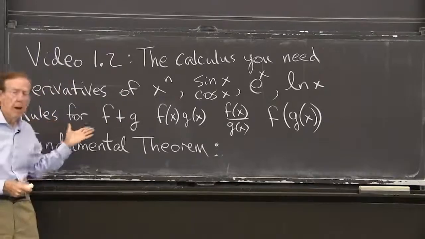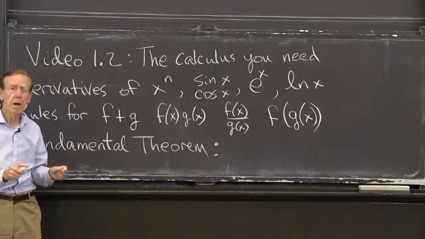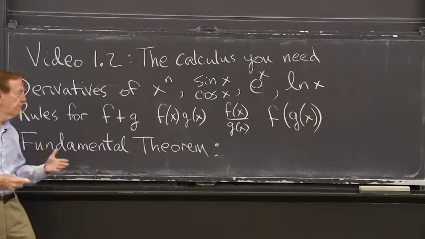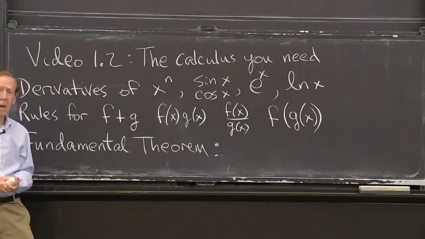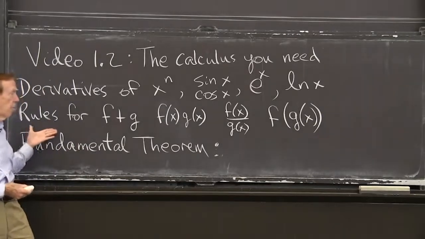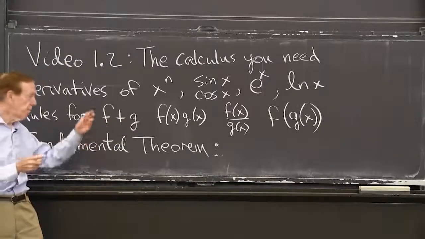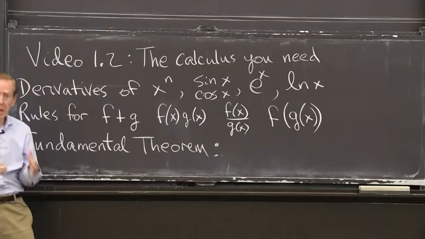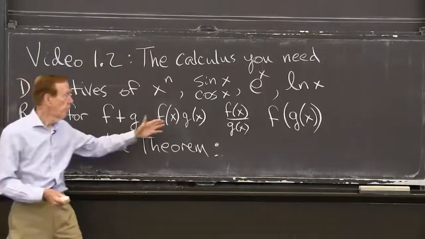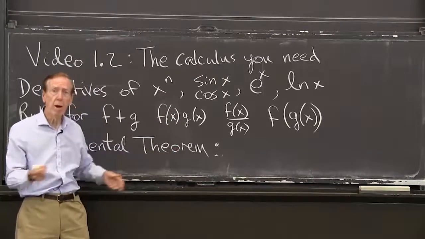Secondly, out of those few specific facts, you can create the derivatives of an enormous array of functions using the key rules. The derivative of f plus g is the derivative of f plus the derivative of g. Derivative is a linear operation. The product rule, fg prime plus gf prime.